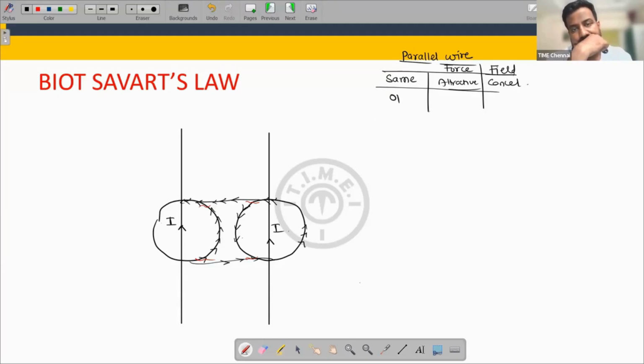Similarly, when the current is in the opposite direction, then the force is repulsive and the field will add.